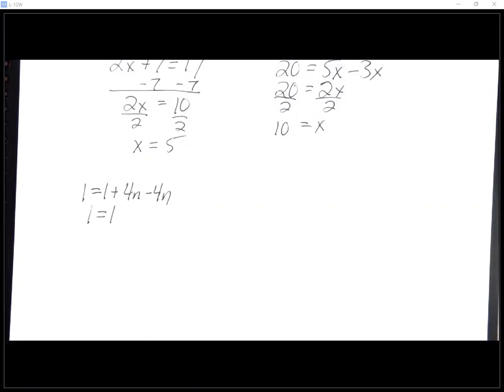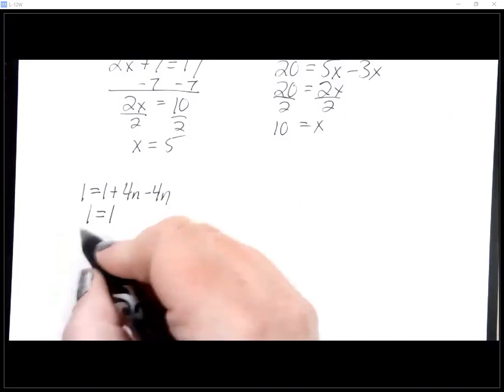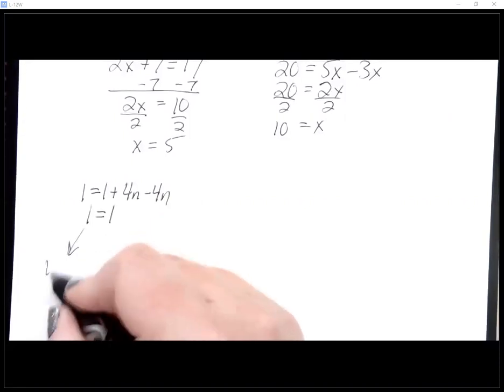That means that all real numbers would work. They're all solutions to that original. So no matter what you plug in for the variable, it would still be a true statement. So if you plugged in 100 for n, it would still work. If you plugged in -0.2, it would still work. It doesn't matter.